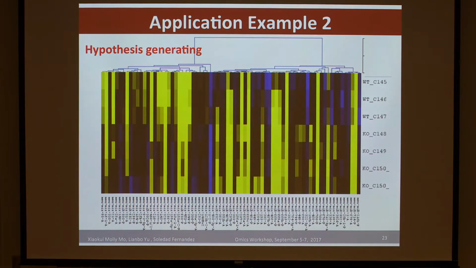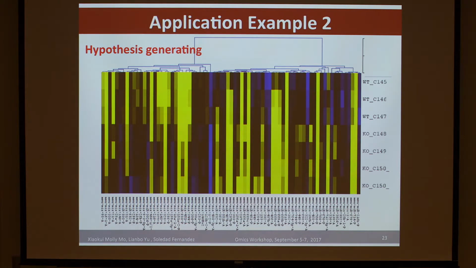The second example is data I analyzed a couple of years ago. The PI tried to find the effect of microRNA on lung cancer. He had 2 groups of mice, one wild type and another knockout.